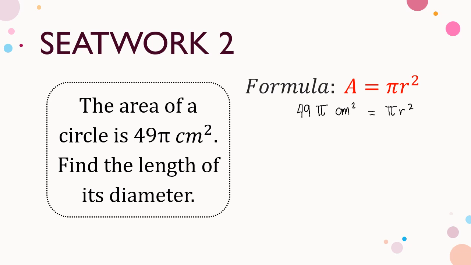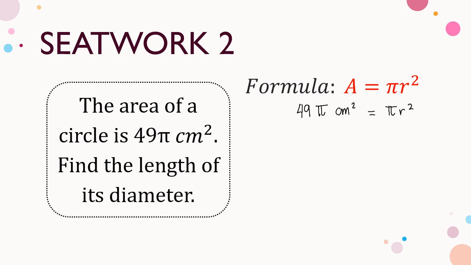Looking at this, our target is to get the value of r. We all know the relationship of the radius to the diameter. If we get the radius, we simply multiply it by 2, and therefore we would have our diameter.